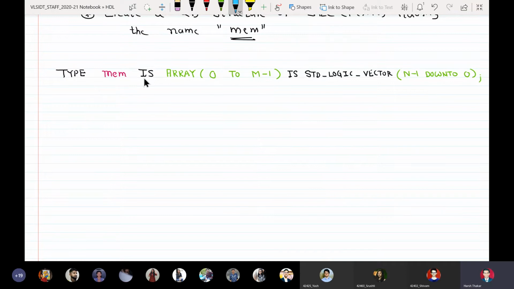So it is type mem is array 0 to m minus 1 of standard_logic_vector n minus 1 down to 0.